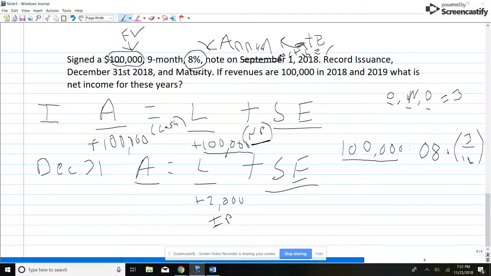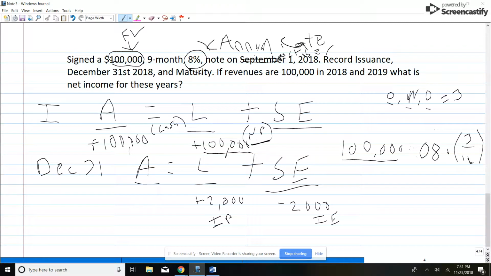All right, so it's going to be interest payable, and that's going to be a liability, and then we're going to decrease our retained earnings with an increase to interest expense. It's going to decrease shareholders' equity because it is an expense, and that is going to be interest expense.